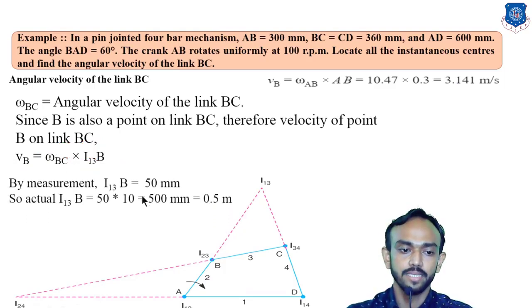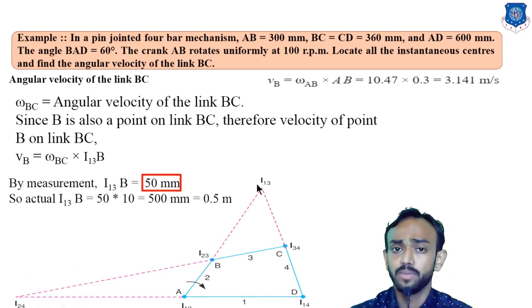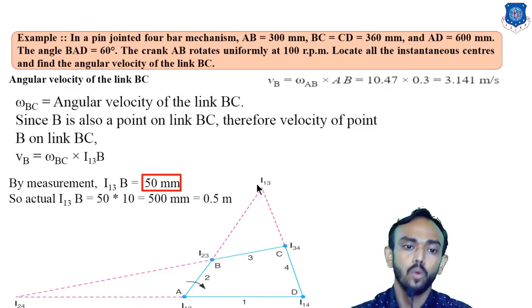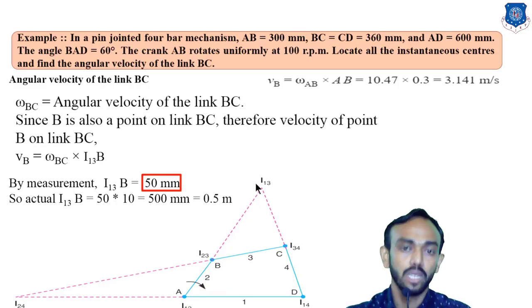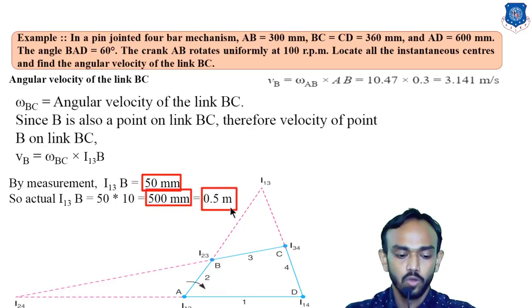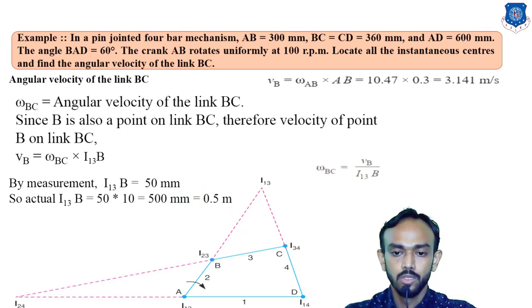Okay, omega BC. So first of all, if you measure this, you will find it is 50 mm, meaning 5 centimeter. But we have taken the scale 1 mm is equal to 10 mm. So this 50 mm is actually 500 mm, so 0.5 meter. Okay. So now you can find the omega from here.